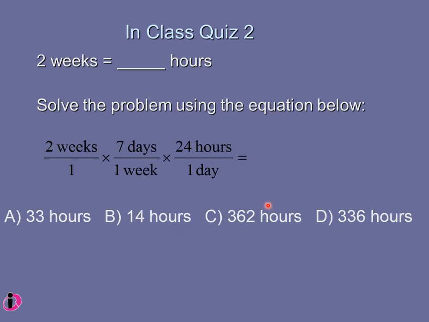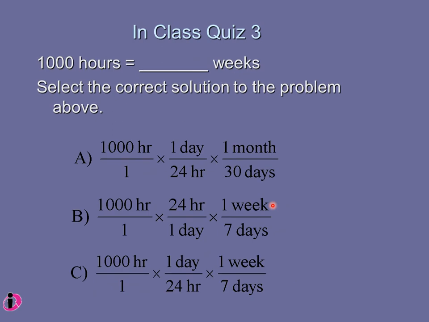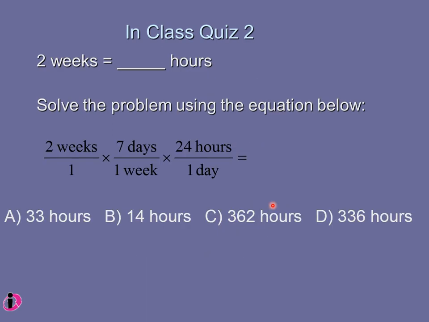That's the trick. So once I cancel it, you multiply and divide the other numbers. Pretty much here you have to multiply 2 times 7 times 24. And how many hours is that? So the right answer is D, the last one.